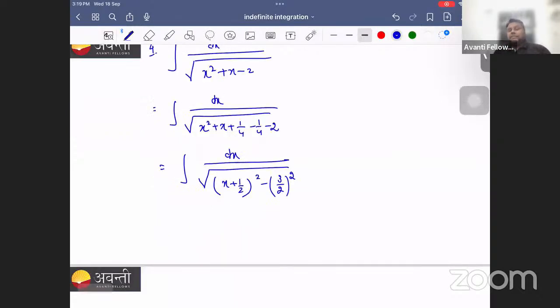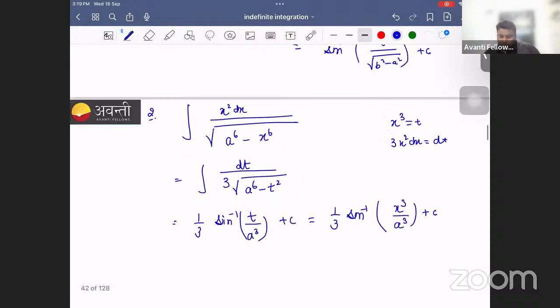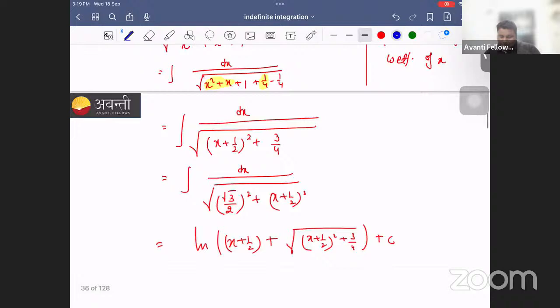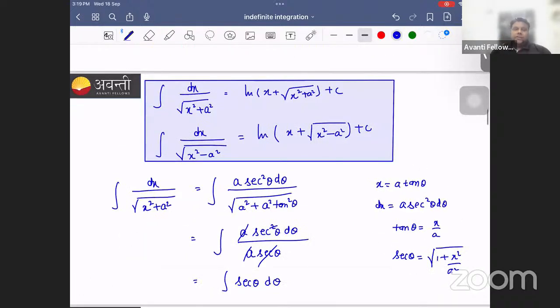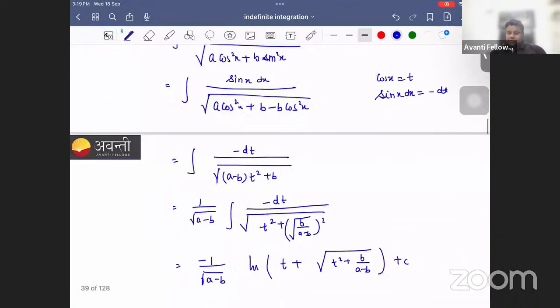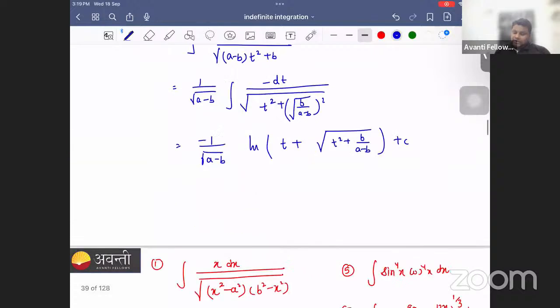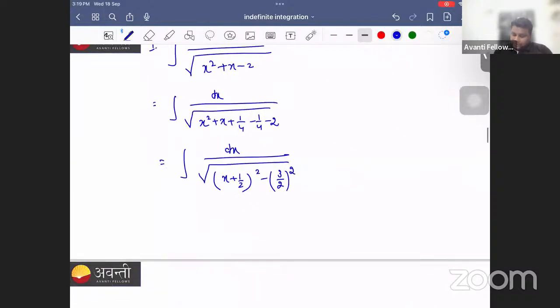So it became x square minus a square. Its formula I have told you: ln of x plus under root x square minus a square. So here it will be ln of x plus 1 by 2 plus under root of x plus 1 by 2 whole square minus 3 by 2 square plus constant.